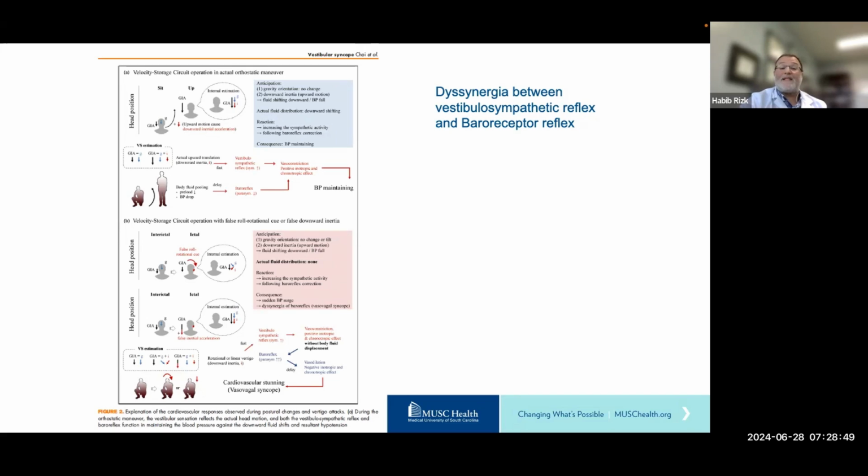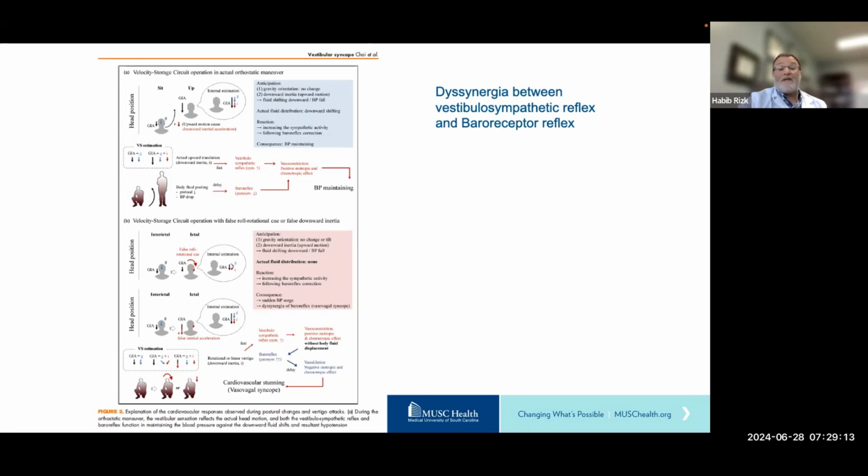and you will have the blood pressure maintaining itself. However, when it happens in the setting of a vertigo attack, where there is a perception from the vestibular system that you actually moved up, it creates the same sense of gravity downward vector. You will engage your vestibular sympathetic reflex. You will have a high heart rate, increased pressure.